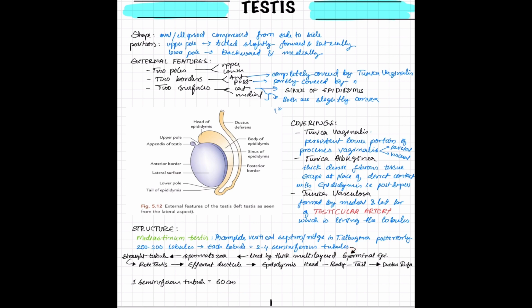Now we'll go to the structure. In the seminiferous tubules of the testis, the sperms are produced. The seminiferous tubules are lined by thick multi-layered germinal epithelium.